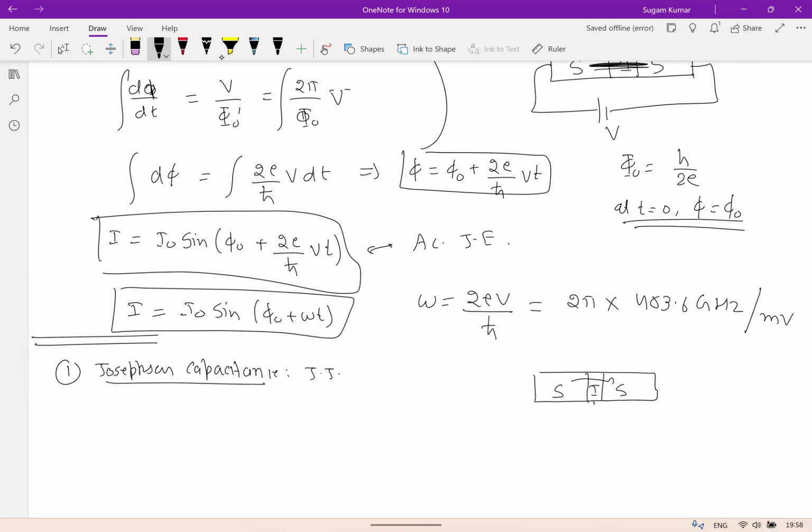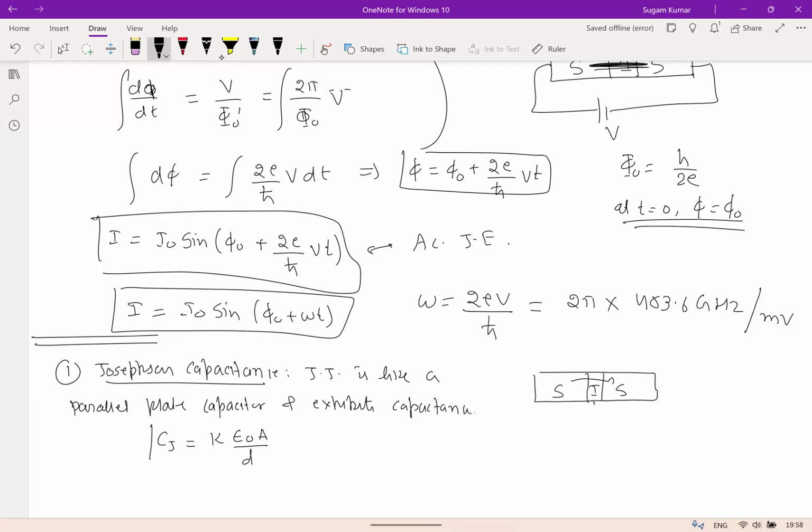A Josephson junction is like a parallel plate capacitor, and therefore it exhibits capacitance. How can you calculate it? The capacitance is Cj, which is going to be directly the constant K times epsilon naught A by d.